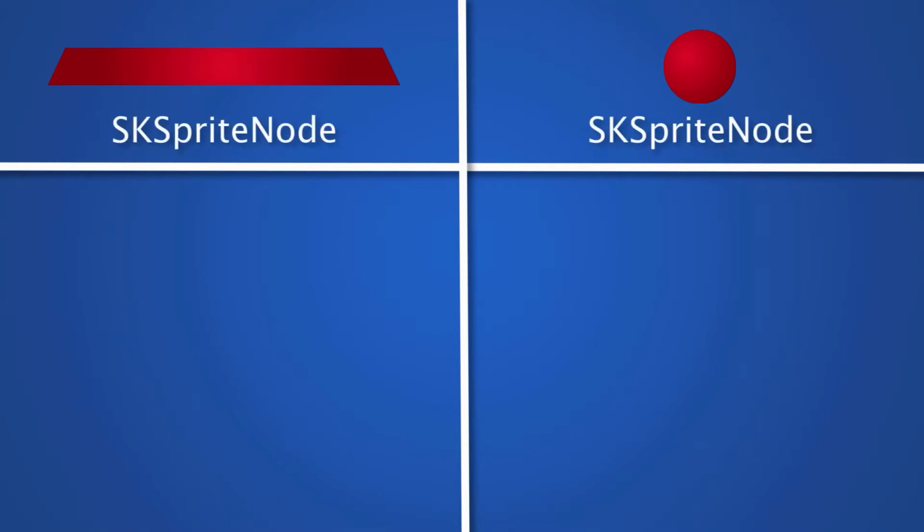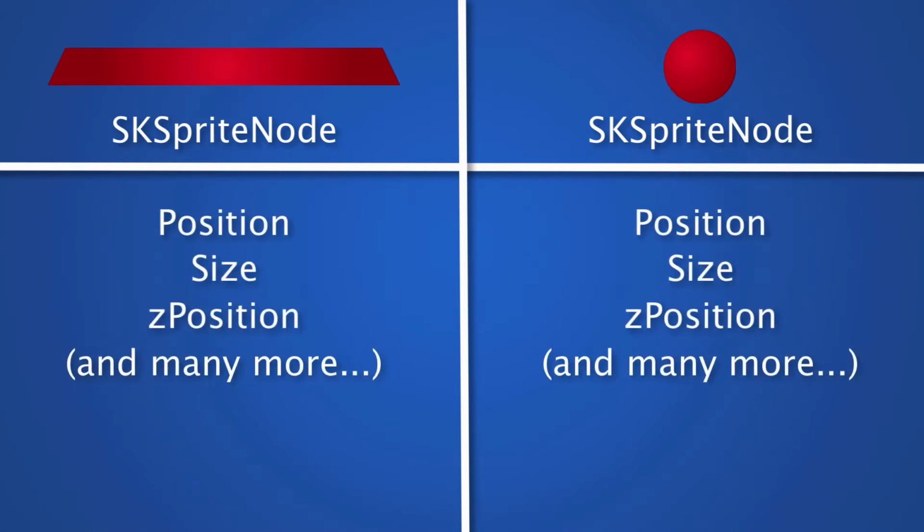Now at the moment, our sides are sprite nodes. They are image objects in our scene. And you might be thinking that the balls are also images, so they will also be SK Sprite nodes. And as sprite nodes, all of the sides and all of the balls have a whole bunch of properties, a whole bunch of values that make the images the way that they are. They have a position, a size, a Z position, and many more.